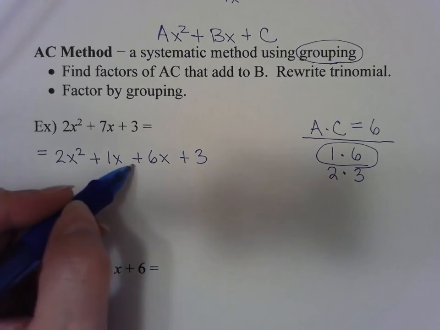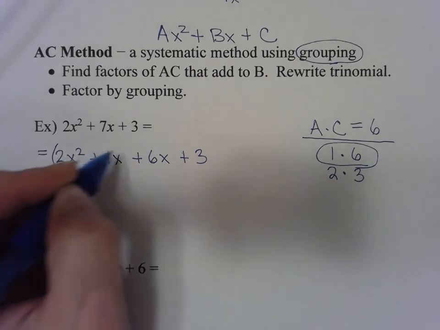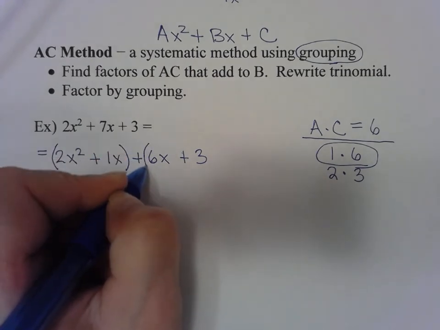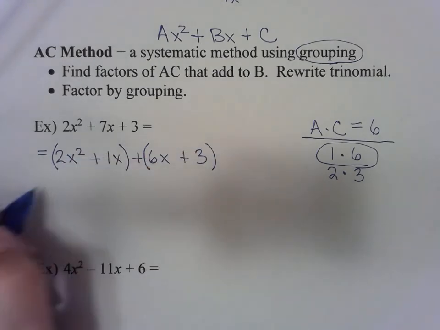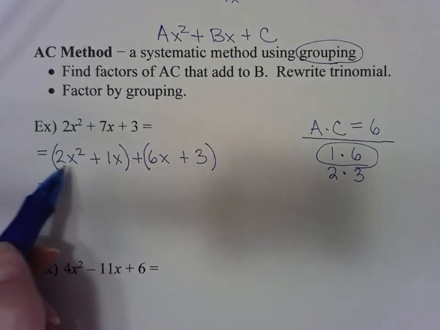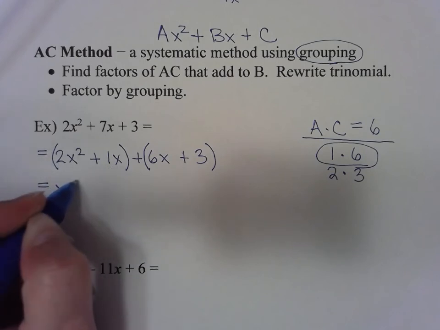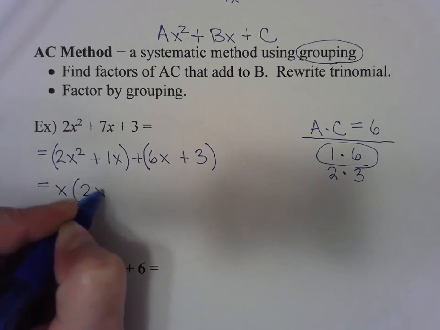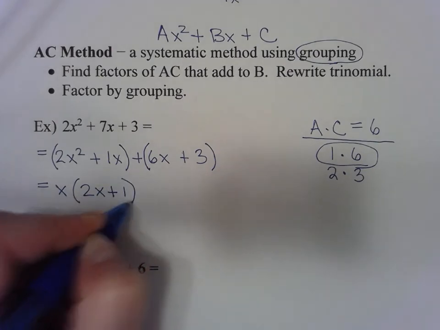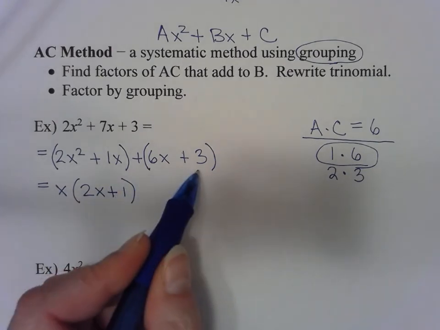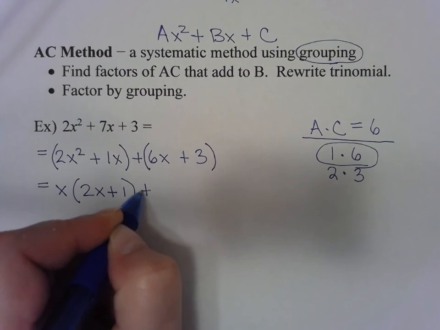Since I have a plus in the middle, I'm just going to go ahead and throw on parentheses so I don't have to write an extra line. The GCF for the first pair would be x. The GCF for the second pair would be 3.